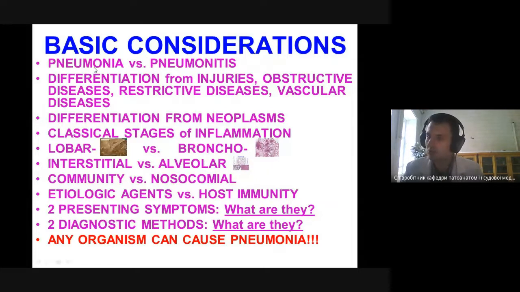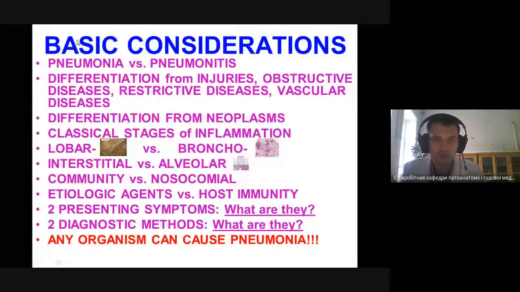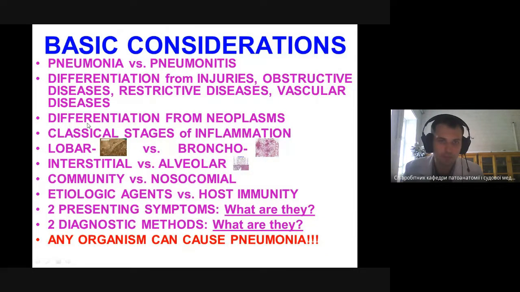Pneumonia is a word used for the exudative processes in the alveoli. So when you see something in the alveoli, it would be called pneumonia. Differentiation from injuries, obstructive disease, so you have to differentiate every time, of course.